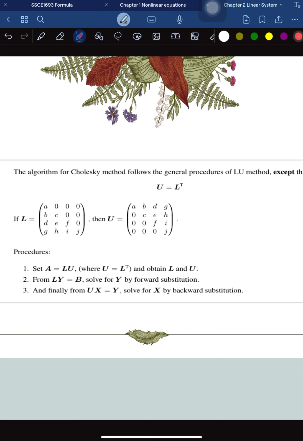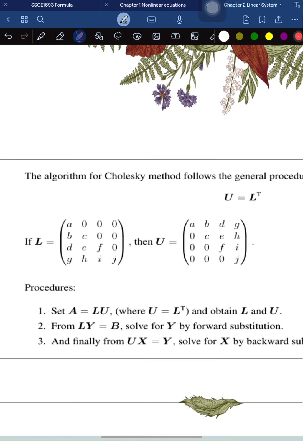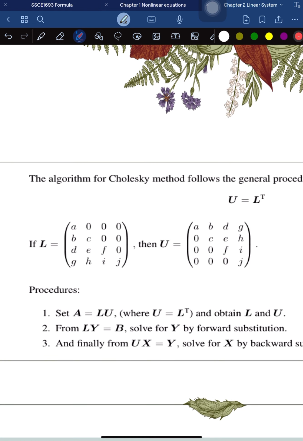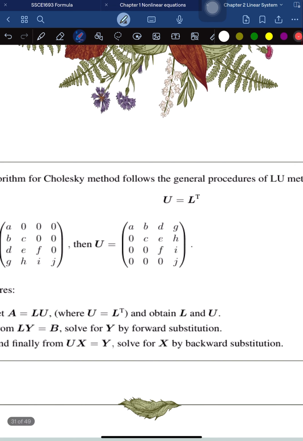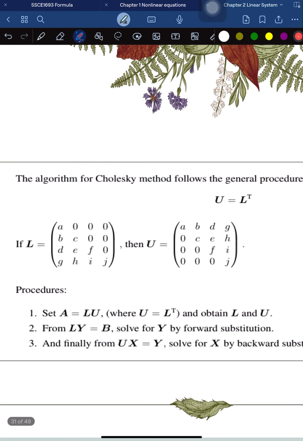But for L, it is this matrix A, B, C, D, E, F, G, H, I, J, and for U, A, B, C, D, E, G, H, I, J. You have to memorize the arrangement.